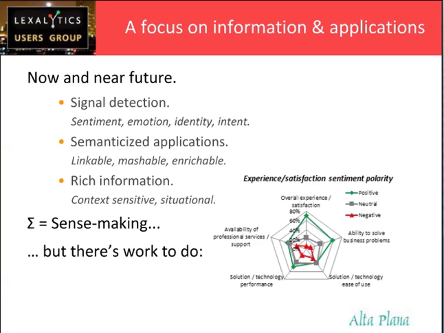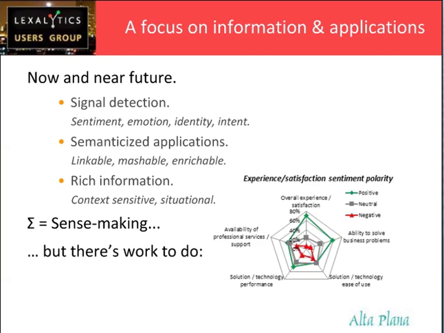So we have moved towards signal detection, signals in the form of sentiments, emotion, identity, intent. Who is the person and what is that person trying to do, as indicated by the communications that the person has posted on social or online platforms or messaging systems.